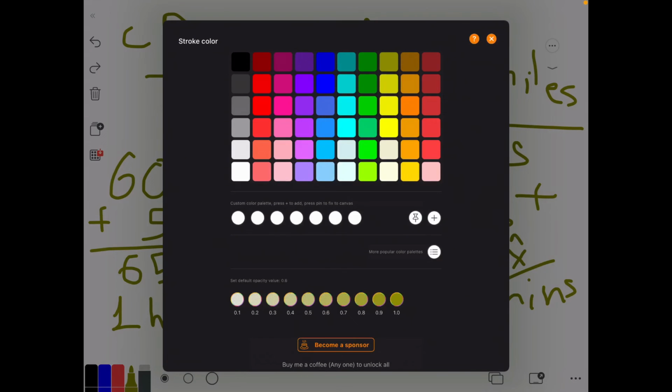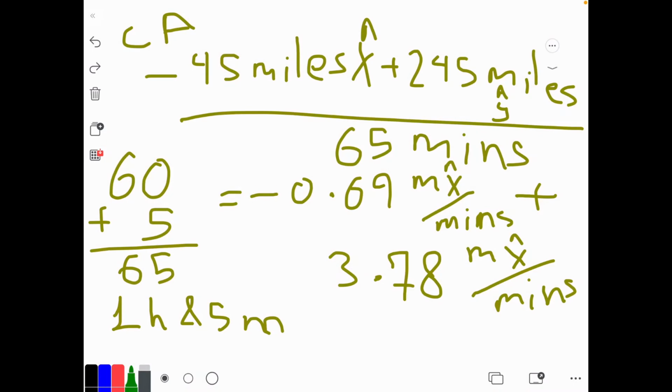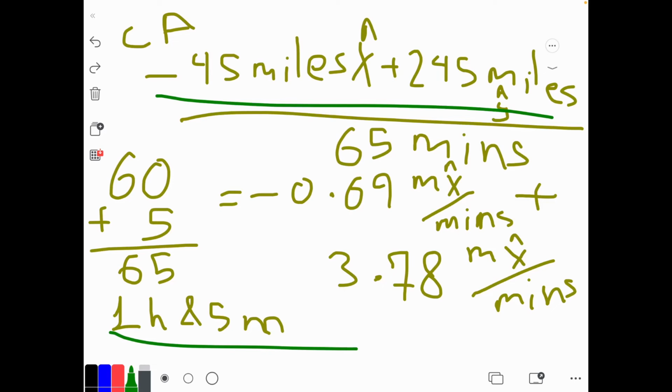Now, for the velocity for Charleston to Atlanta, I'm going to get the position vector divided by 1 hour and 5 minutes, because that is the flight time between these two. So we convert: 1 hour is 60 minutes, so 60 plus 5 is 65 minutes. I forgot to put my units.